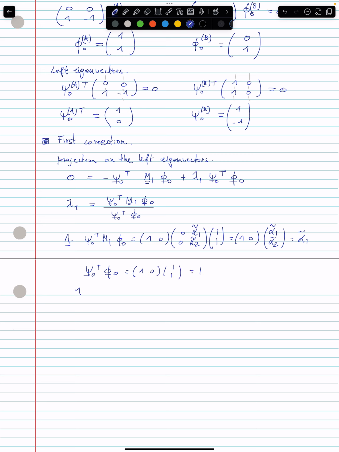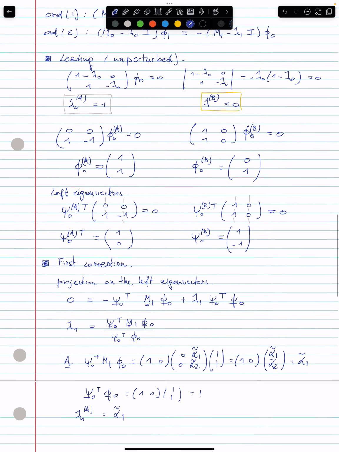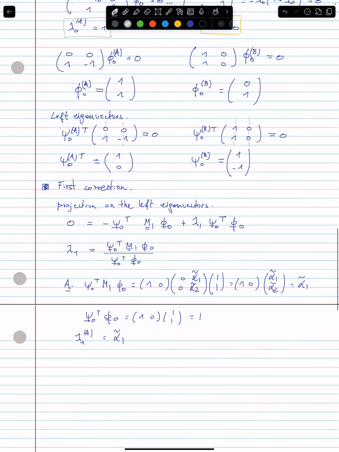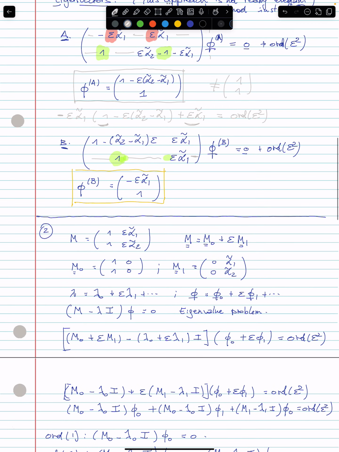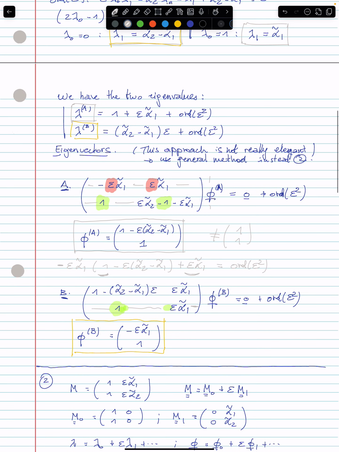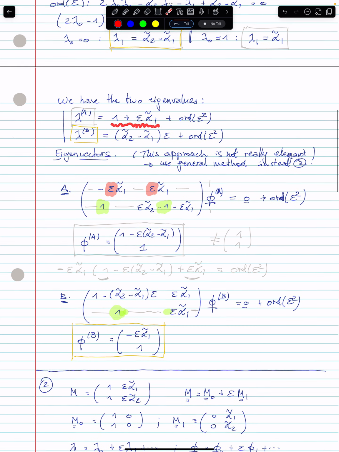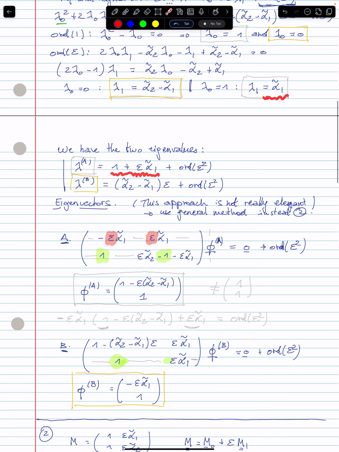It means that lambda 1A is equal to alpha 1 tilde. And that's the first correction to the eigenvalue. We can check that this value is identical, not similar, even identical to what we got before. Exactly, you see here, 1 plus epsilon alpha 1 tilde.